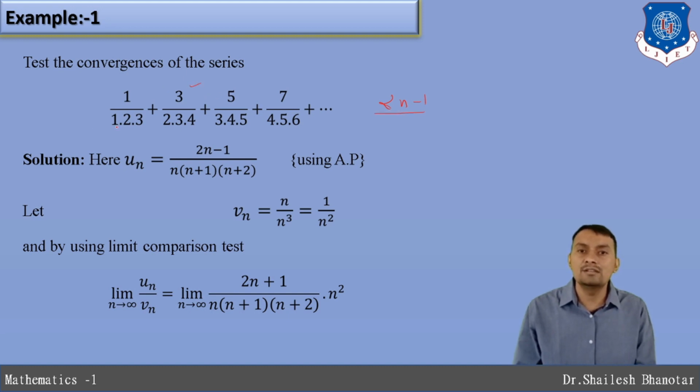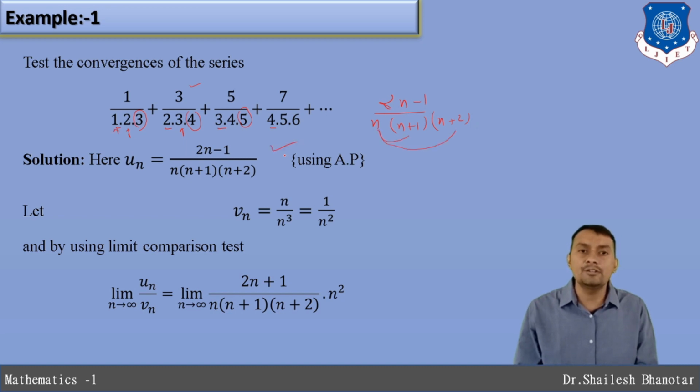But what about the denominator? First term: 1, 2, 3, 4, the difference is 1, so I assume n. For 2, 3, 4, 5, again n is there, but we want to start with 2, so for n equal to 1, we get 1 plus 1, that is 2. For n equal to 2, 2 plus 1, that is 3, and that is what we have. For 3, 4, 5, again the difference is n, but we want 3, so I have to add 2, because for n equal to 1 it will be 1 plus 2, that is 3.